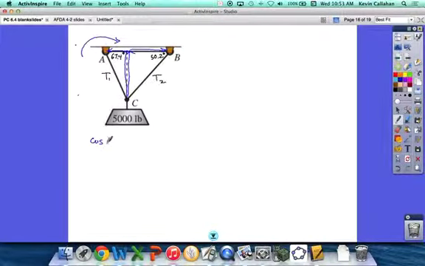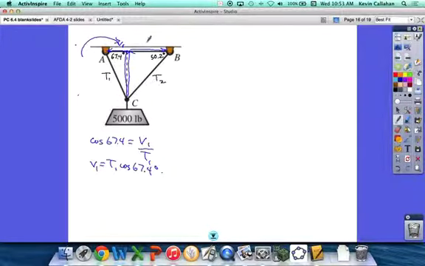Cosine of 67.4 equals that. Let me call that V1. V1 divided by T1. So the V1, that component itself is actually T1 times the cosine of 67.4. That's what goes up here.